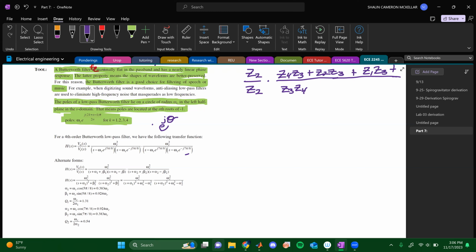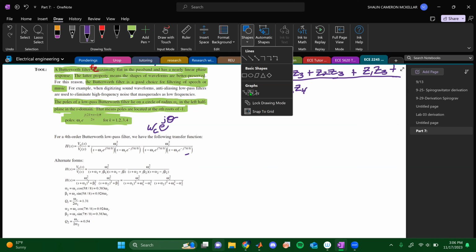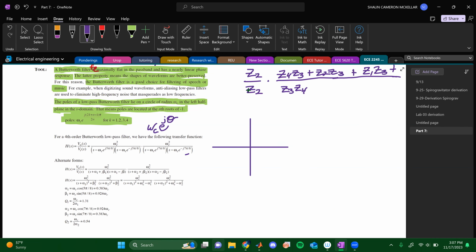In this case, it's a circle of radius omega c, so we would put omega c out front. So the poles will look something like this, and we'll plot these on a unit circle. So I'm going to throw out real quick a unit circle.